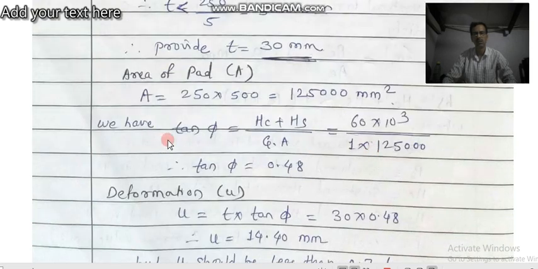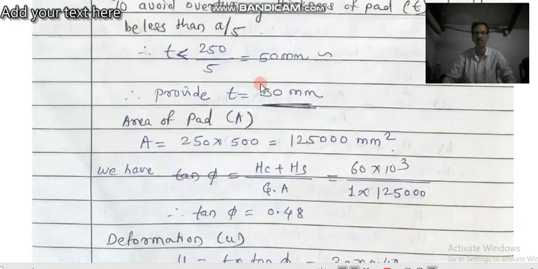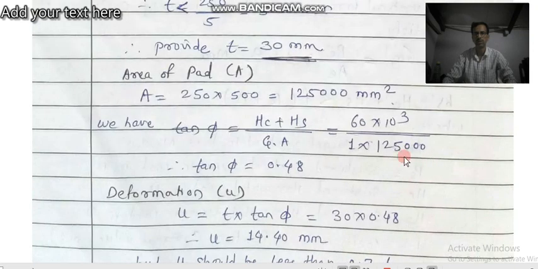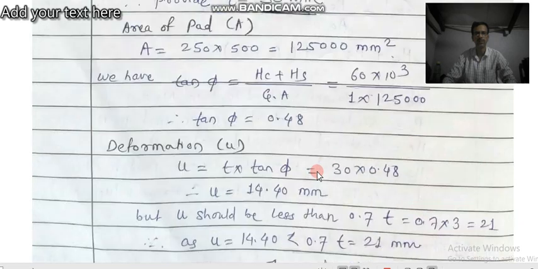Then we have tan phi equal to HC plus HS divided by GA, equal to 60 into 10 raised to 3 plus 0, divided by G is 1 and area 125,000 mm square. This gives tan phi equal to 0.48.